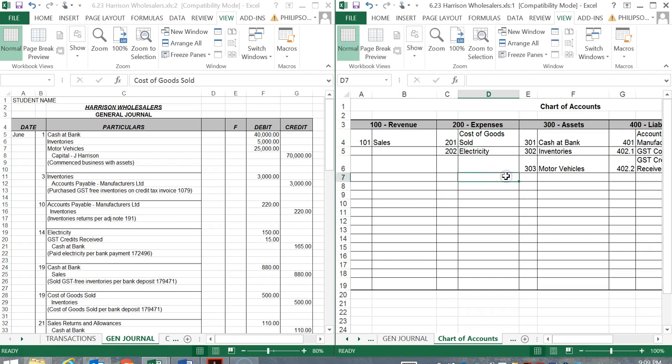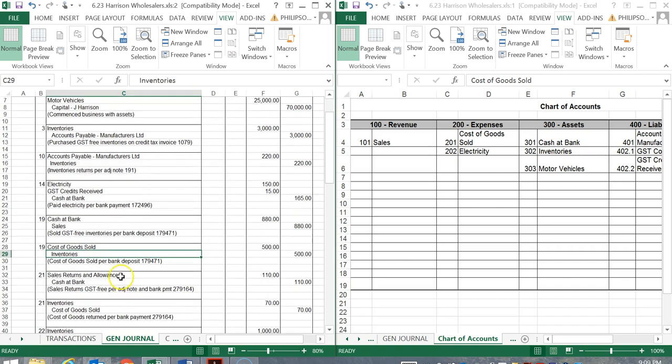Okay, so cost of goods sold goes up into our trading account, as I talked about a lesson or two ago. And we'll cover that in more detail, but cost of goods sold in a trading business is always going to be your first expense. Okay, regardless of alphabetical order, cost of goods sold goes at the top. Okay, cost of goods sold, we've used it.